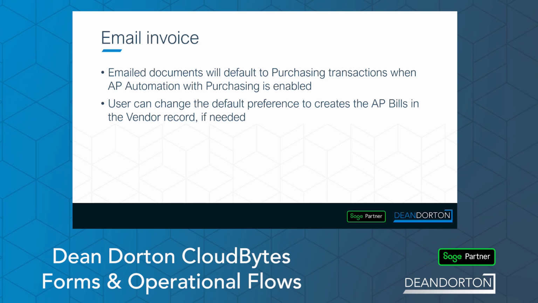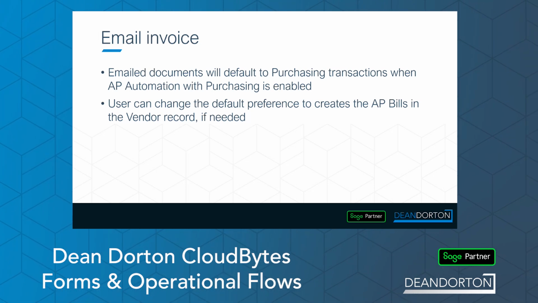Email documents will default to purchasing transactions when the AP automation with purchasing is enabled. So if you enable AP automation with purchasing, everything is going to route into the purchasing transaction screen, the one that we showed you earlier, the automated transactions list. Everything's going to default into there.